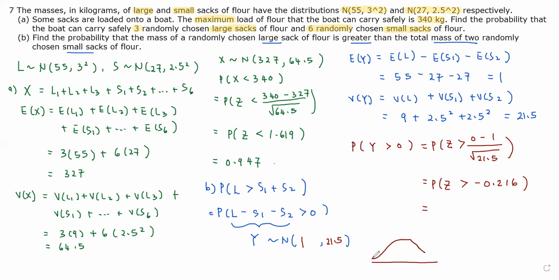From the standard normal distribution, we need this area for negative 0.216. But the normal table that is given to us is a left-tail distribution. So instead, we look for 0.216 and we find this area instead. That is given by 0.586. So the required answer is 0.586.